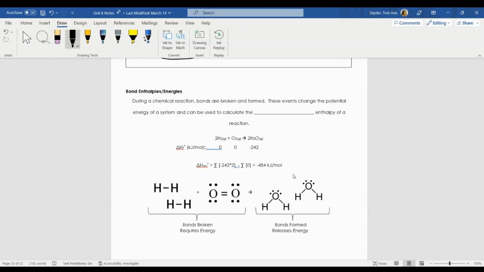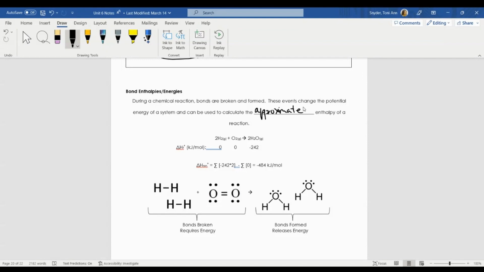During a chemical reaction, bonds are broken and new bonds are formed. These events change the potential energy of a system and can be used to calculate the approximate enthalpy of reaction. So these are not as good of an indicator, but they're still relatively close, okay?